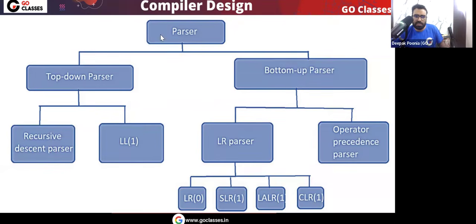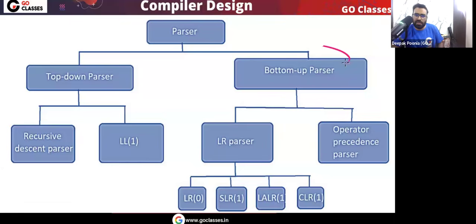So you can see the types of parsers that we use in compiler design. In compilers we use two types of parsers: top-down parser and bottom-up parser. In the top-down parser, one is LL1 parser, which is top-down parser without backtracking, or I can say predictive parser, and another is recursive descent parser, which is top-down parser with backtracking, or I can say top-down parser with brute force.